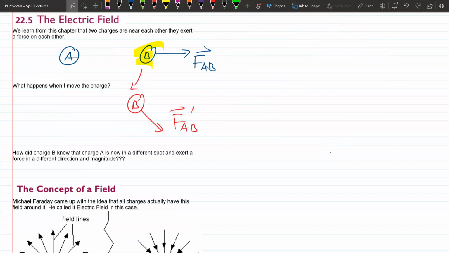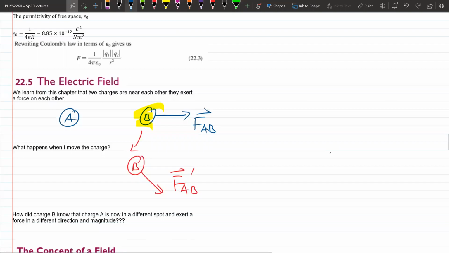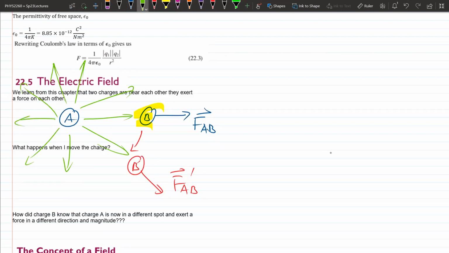What you can do is use the concept of what's known as an electric field, where we just have a field that permeates through space. If this is a positive charge, this field will go outward.